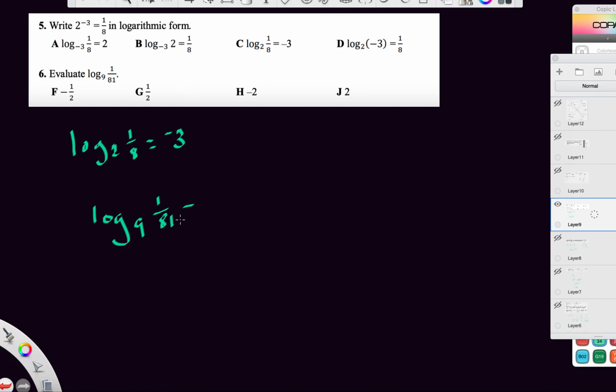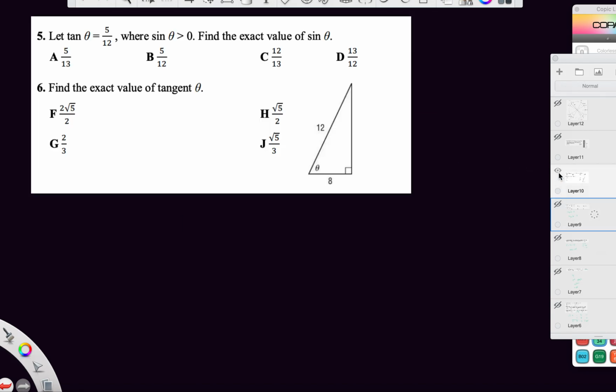So we're going to say -2, right? 9 squared is 81, but it's the reciprocal, 1/81, therefore it must be -2. Put that away. We'll move on to the next one.